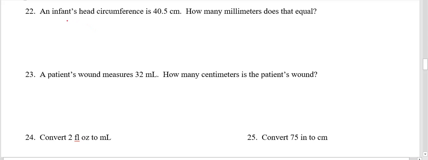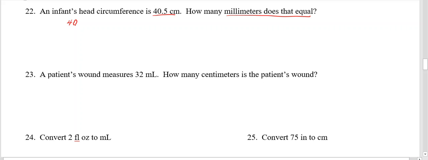So we have an infant's head circumference is 40.5 centimeters. How many millimeters does that equal? So we're going to convert the 40.5 centimeters because it's wanting to know how many millimeters. So I'm going to convert the centimeters to millimeters.